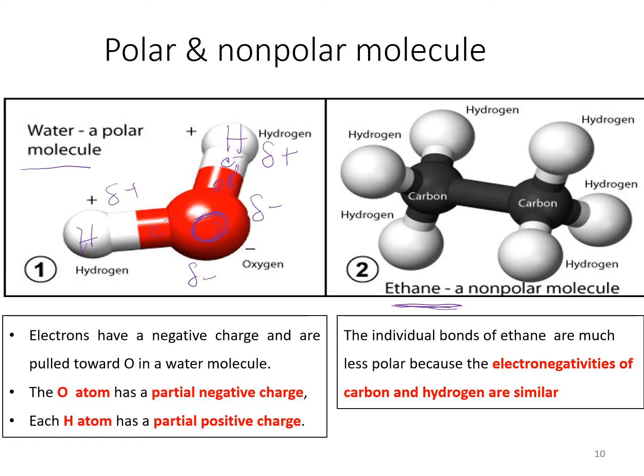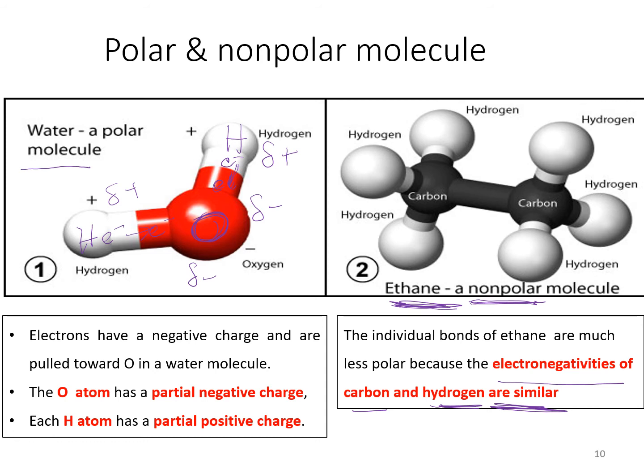The shared electrons are pulled more towards the oxygen because oxygen is a more electronegative atom compared to hydrogen. As for the molecule of ethane, which is a non-polar molecule, the individual bonds of ethane are much less polar because the electronegativities of carbon and hydrogen are similar.